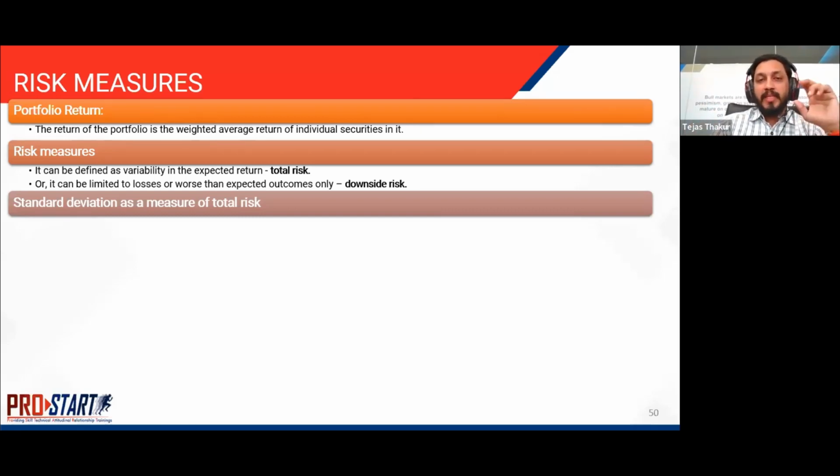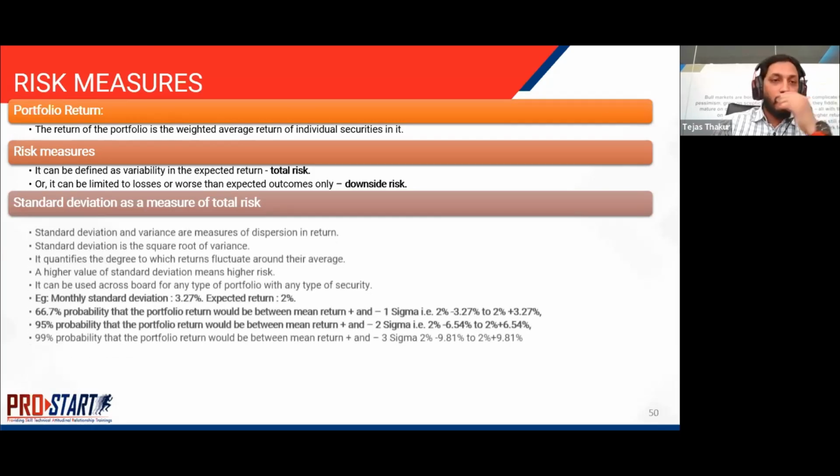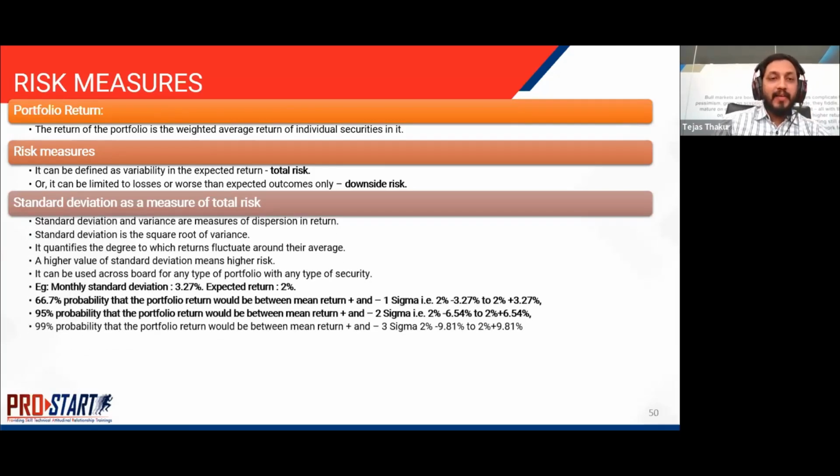Standard deviation is something that calculates the total risk of a portfolio. It is all about calculating the dispersion around the mean of the portfolio return.